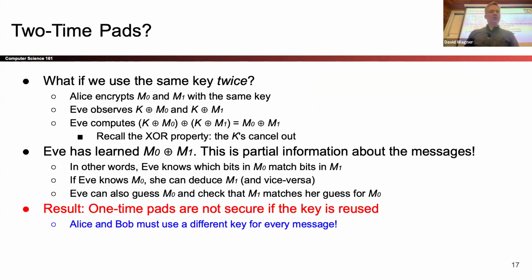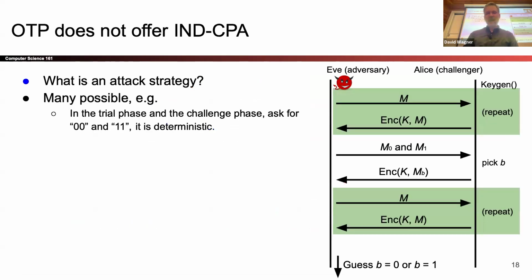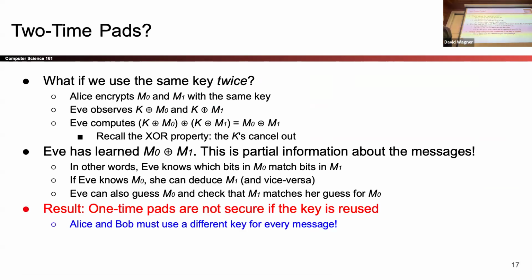Okay, so one-time pads are not secure if the key is reused. And actually, it's even worse than that. It's really bad. This is a fun puzzle you could do sometime on your own if you wanted. If both messages are ASCII text and you learn the XOR of both messages, a lot of times it's actually possible.